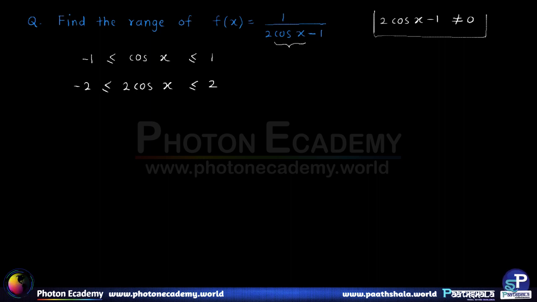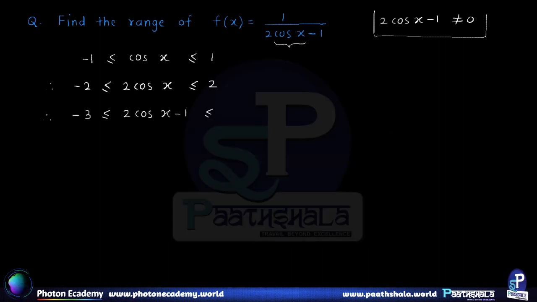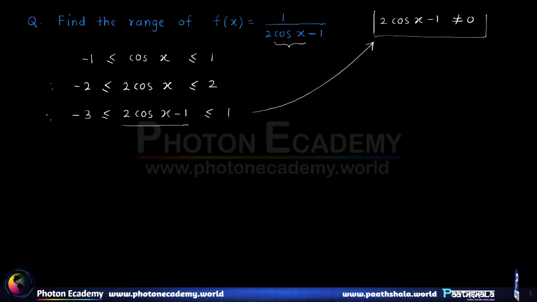So if we subtract 1 throughout the inequality we will get -3 less than or equal to 2 cos x minus 1 less than or equal to 1, right? So that means the expression 2 cos x minus 1 can lie anywhere between -3 and 1. But now if we club that with the fact which we have already discovered, although this expression can lie between -3 to 1, it should not be equal to 0, isn't it?